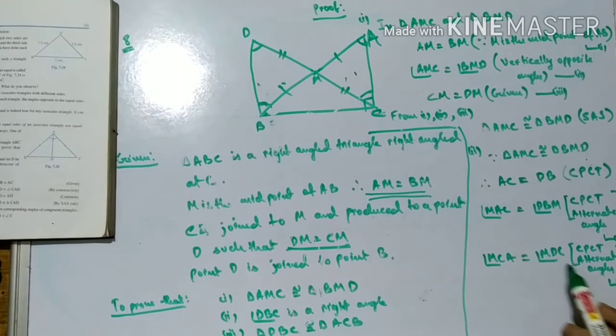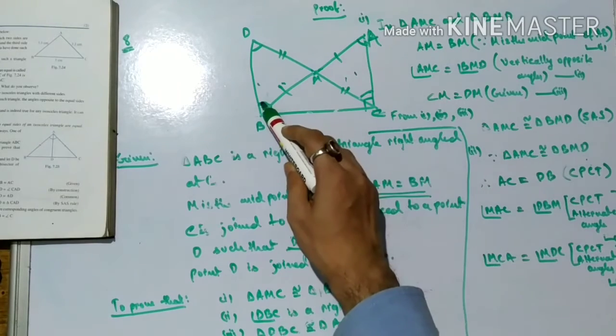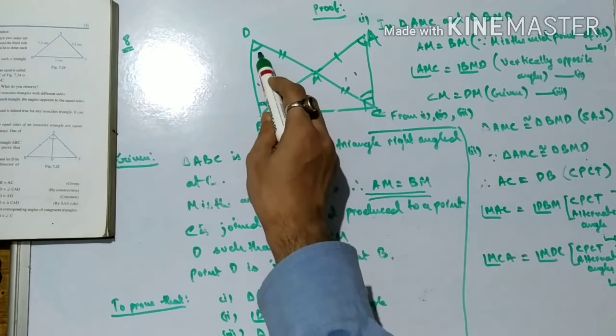So you see here, from 1 and 2, this angle equals this angle and this angle equals this angle.